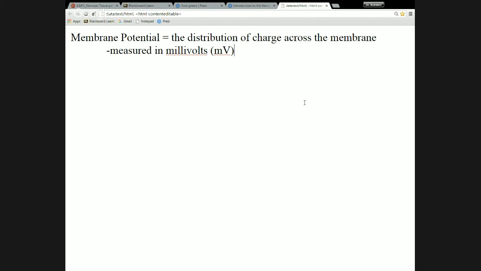Now, I'm using batteries to suggest that the membrane is basically like a battery, and also to give you a sense of what millivolts are. Okay. Now, the prefix milli in a unit of measurement means what? Or how many millimeters are there in a meter?